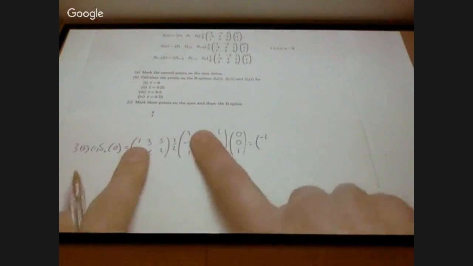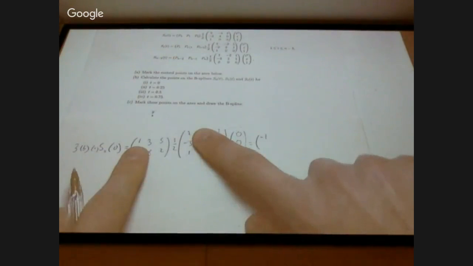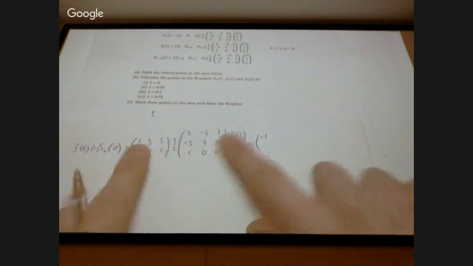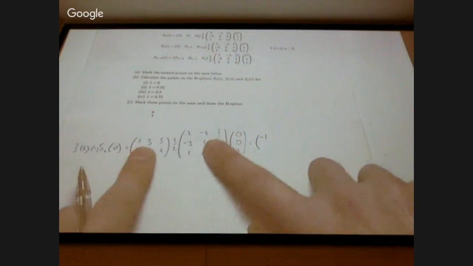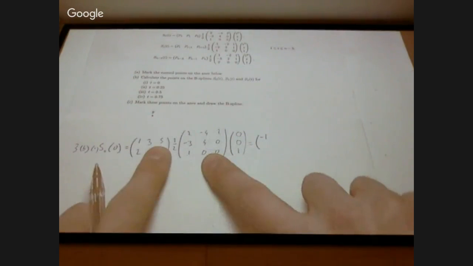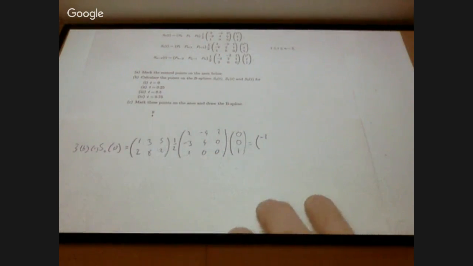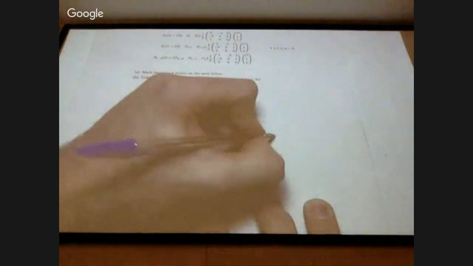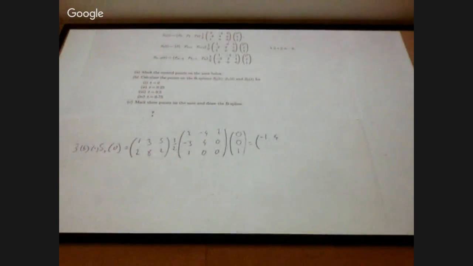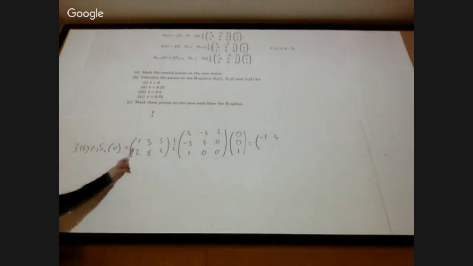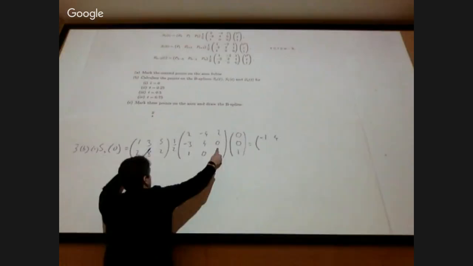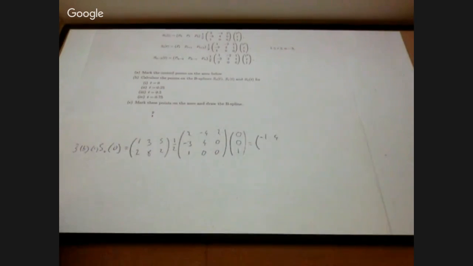Now we've got minus 4 plus 12 plus 0, so that's going to be 8. But remember, we're halving it, so that's 4. Don't forget to halve it. The last one's easy. We just have 1 times 2, because as we go down, it's 0 and 0. So half of 2 is 1.